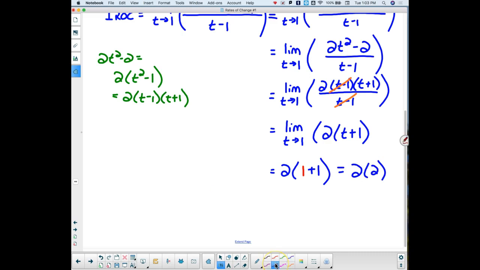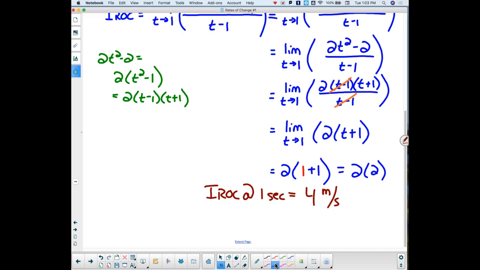So the IROC at 1 second after the object is released is 4. We'll keep it with meters per second since that's what we've been doing today. Okay? Questions?